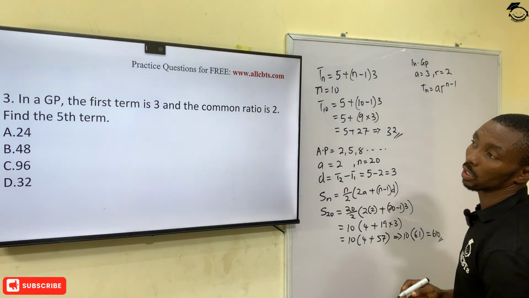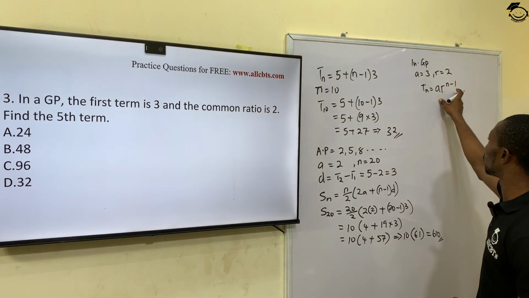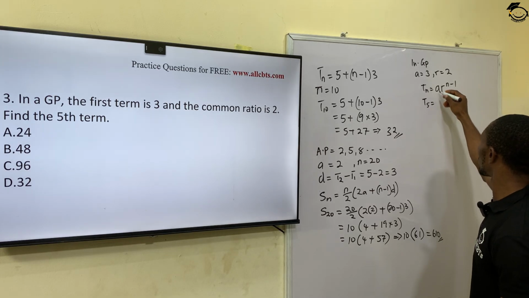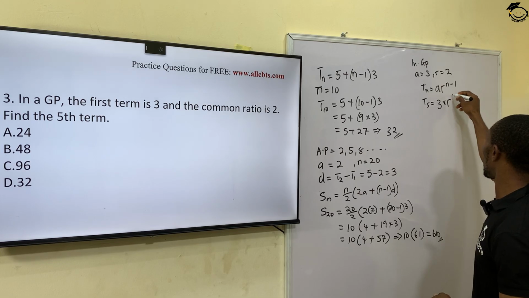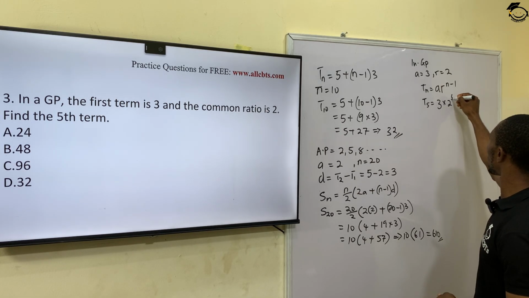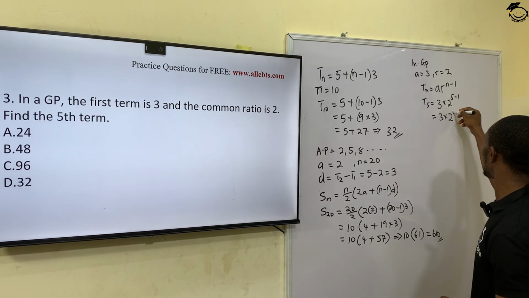Since we are looking for the fifth term, we have T5 equals A, which is 3, times R, which is 2, raised to the power 5 minus 1. So this becomes 3 times 2 raised to the power 4.